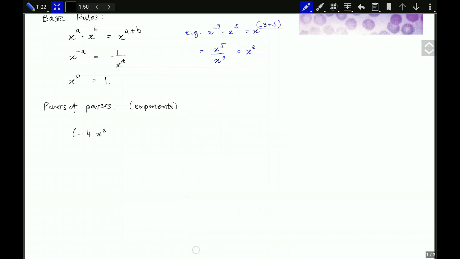Minus 4x squared times y to the minus 3, all squared, is equal to, well, this times itself. And so if you like, we could multiply all the corresponding terms twice. So this is also equal to minus 4 squared times x squared squared times y to the minus 3 squared, and we multiply the powers.